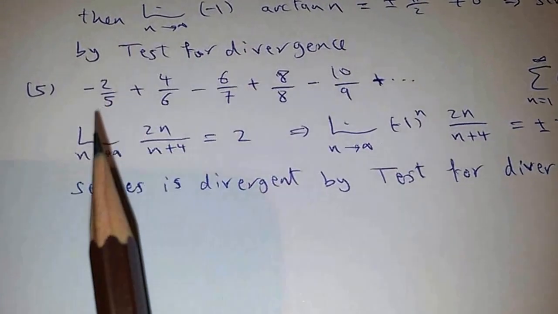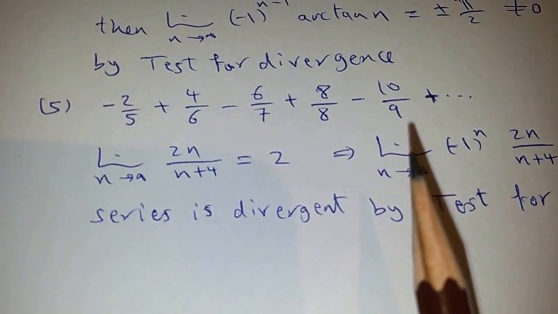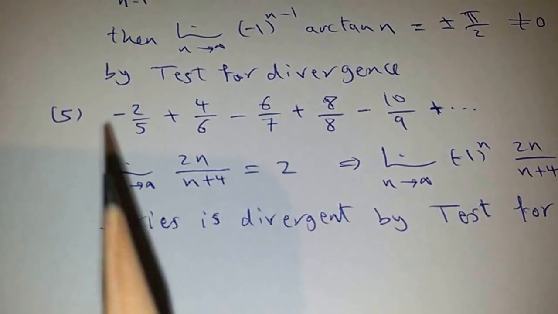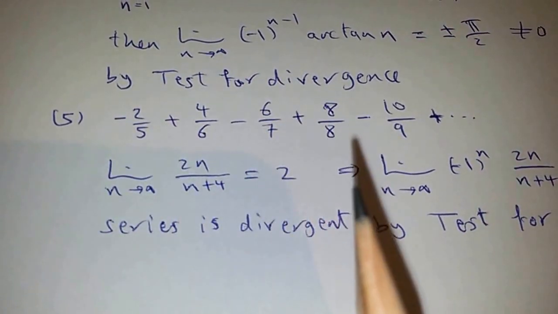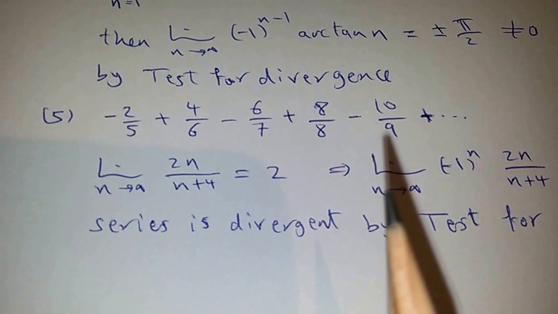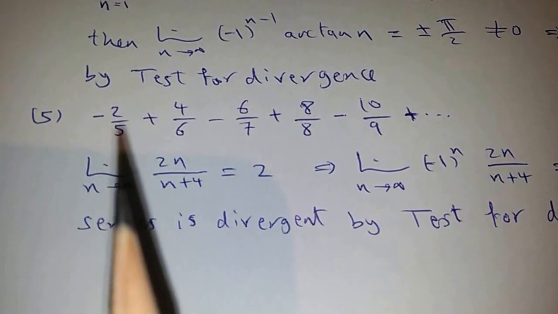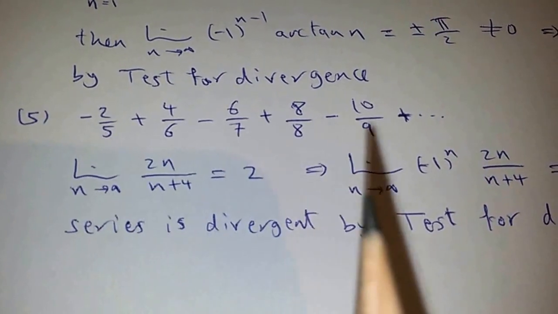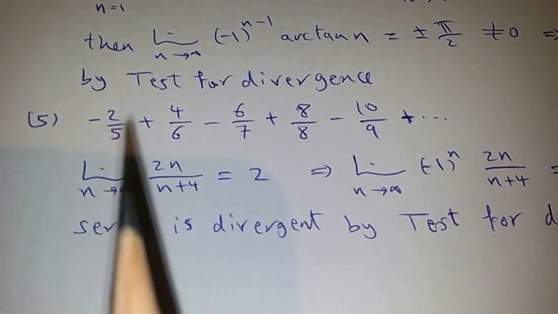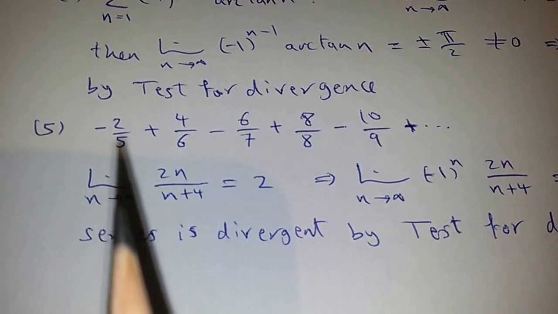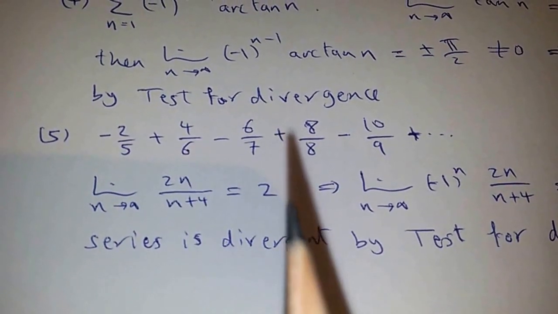Another example. This is a series which is written like this. The terms are given. Negative, positive, so it's an alternating series. So let us forget about negative 1 to some power and concentrate on the numerator. Look at the numerator: 2, 4, 6, 8, 10. 1, this is the first term. 2, the second term. 4, the third term.